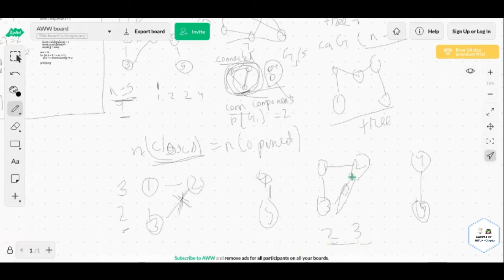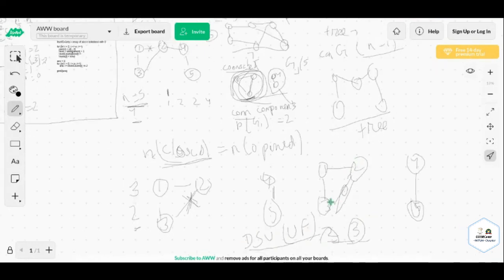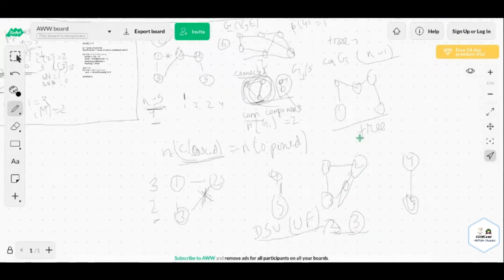If they are not connected, then we can add that edge. To check this, what is the most efficient data structure? That is disjoint set union, also known as the union find data structure. Okay, we can use this data structure to check whether these nodes 2 and 3 are connected already or not.